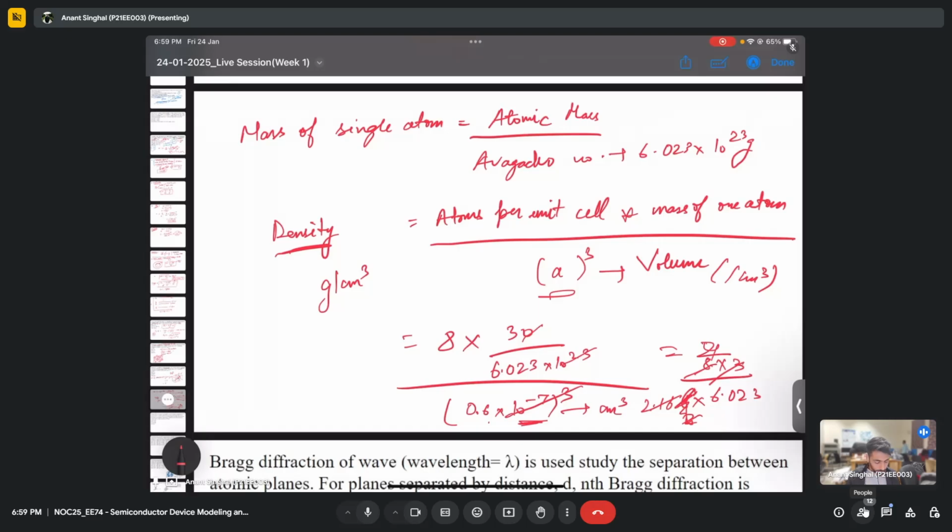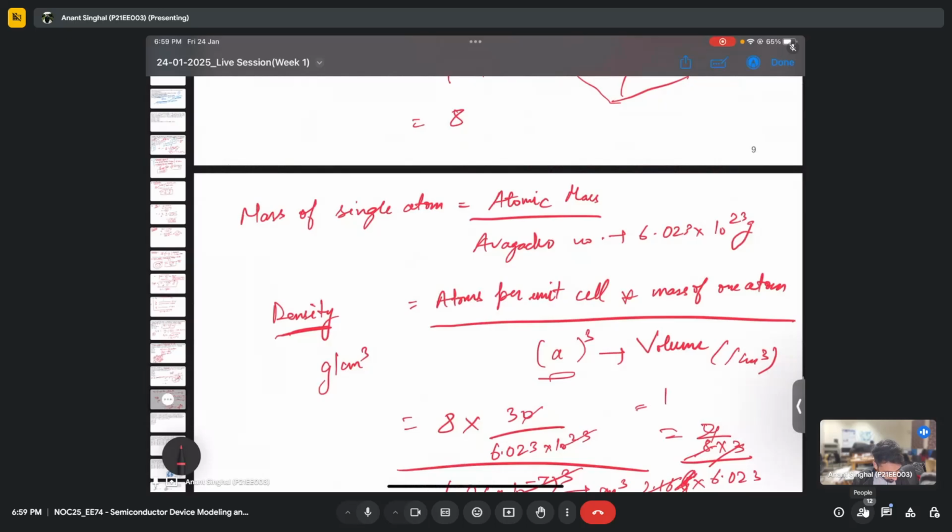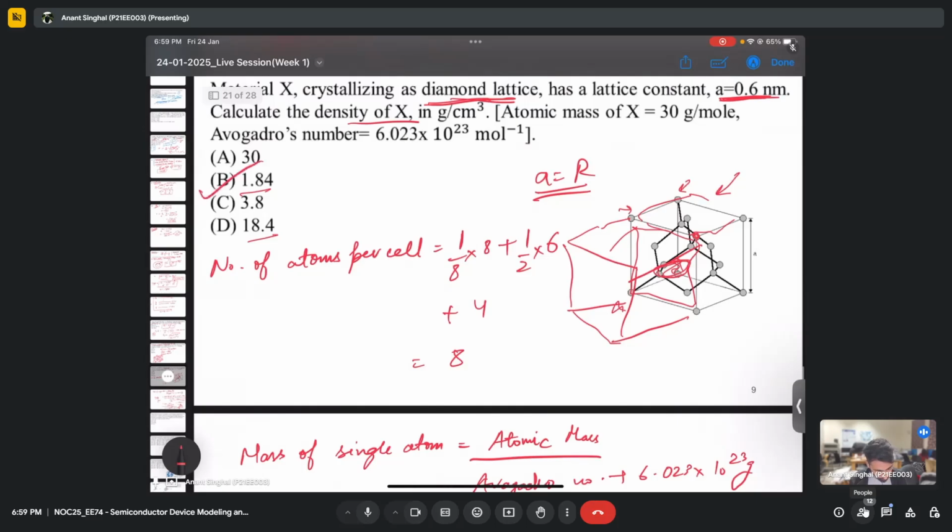Yeah, I'm getting 1.84, something like that. So the answer is 1.84 gram per centimeter cube, which is option B. I hope this is the case with everyone and it is not 18. Right?